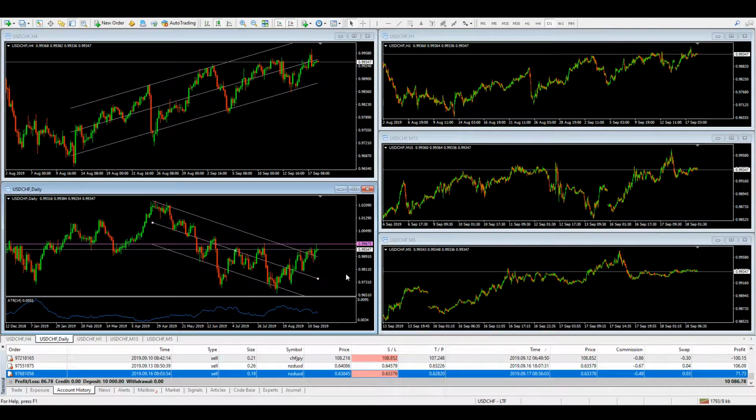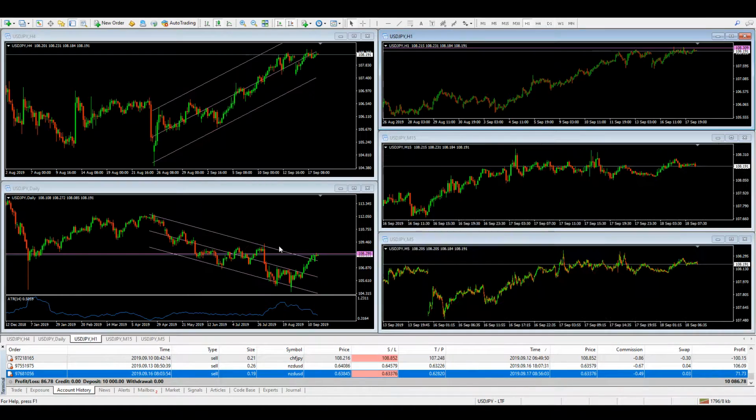So I am bearish on this, but no entries really. And USD JPY, yeah, bearish, resistance holding up, but all our other time frames are quite bullish at the moment. Bullish, very flat, entering resistance, so needs signs of reversal before shorting.